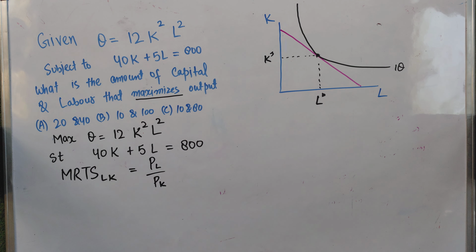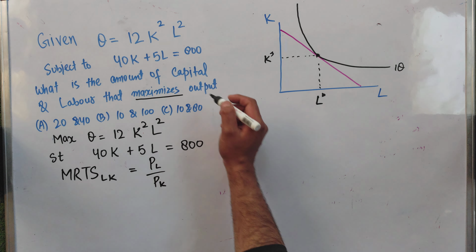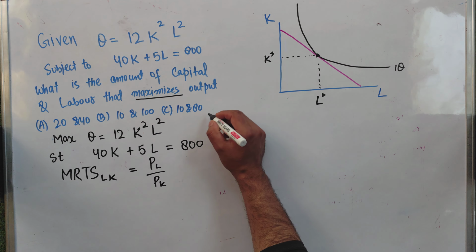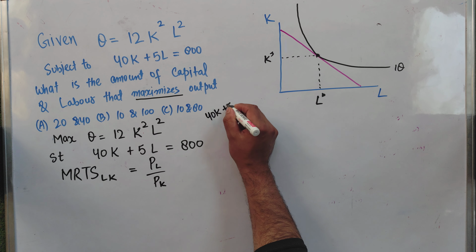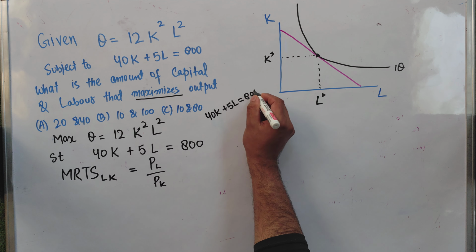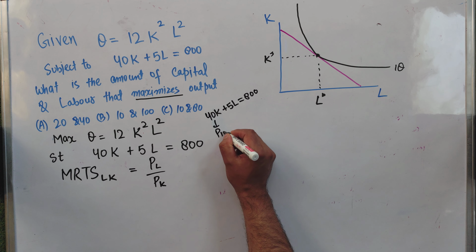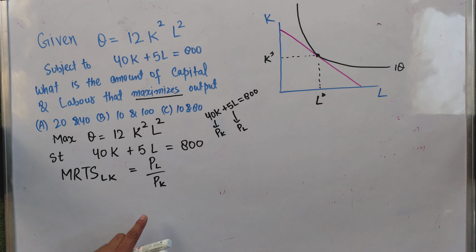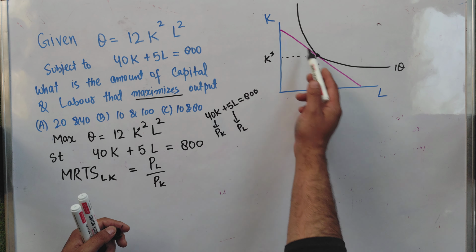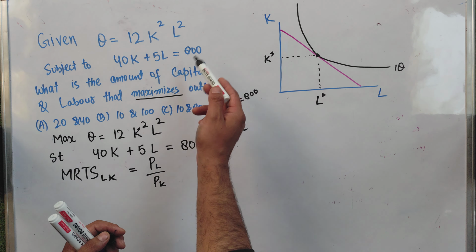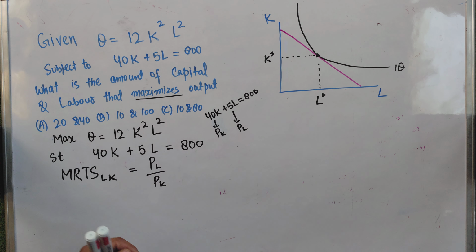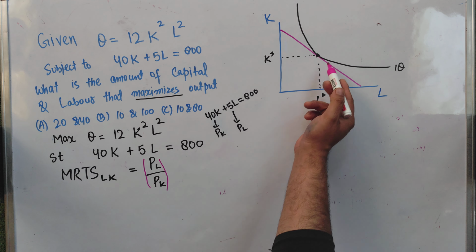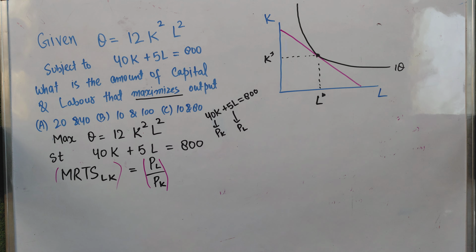Since we have the constraint 40K + 5L = 800, the 40 denotes the price of capital and the 5 denotes the price of labor. This is the slope of the constraint, also called the budget constraint in utility maximization, but here we have production maximization. This denotes the slope of this line and this denotes the slope of the isoquant.